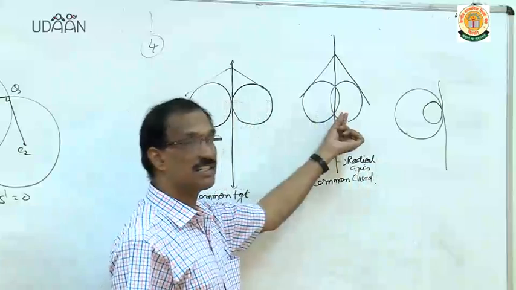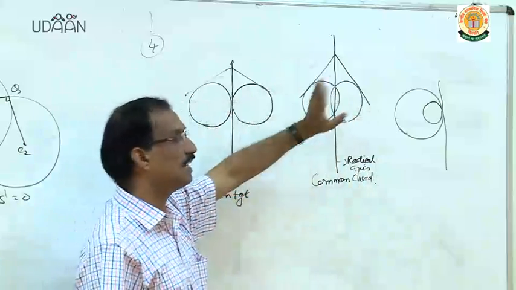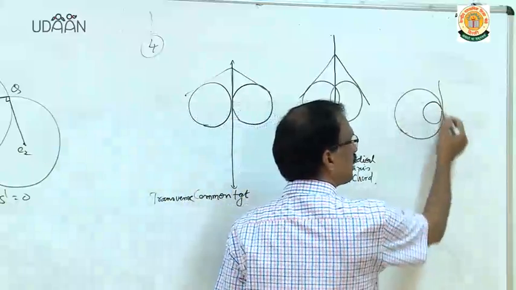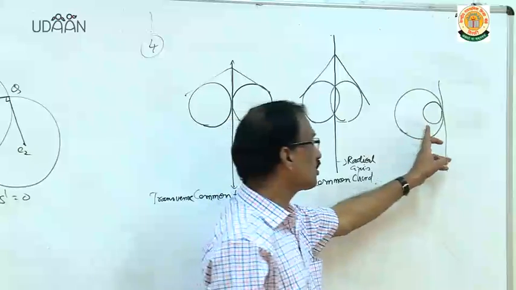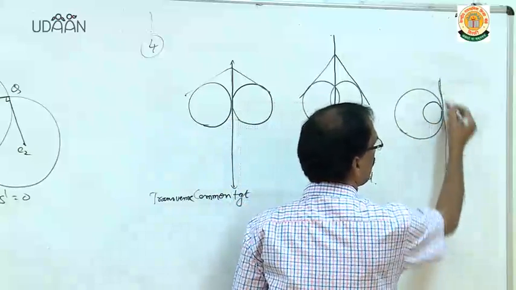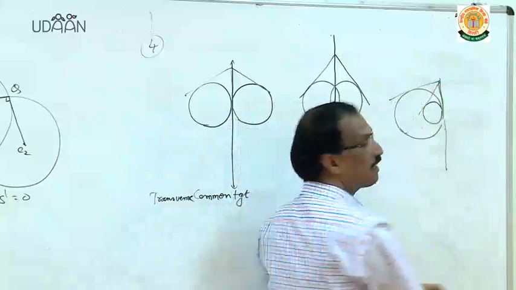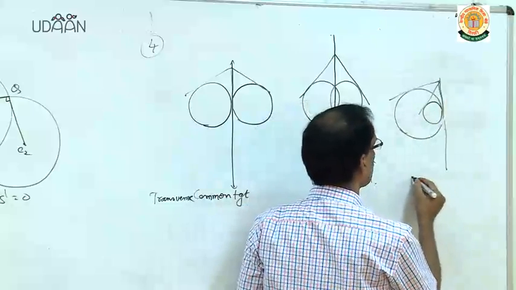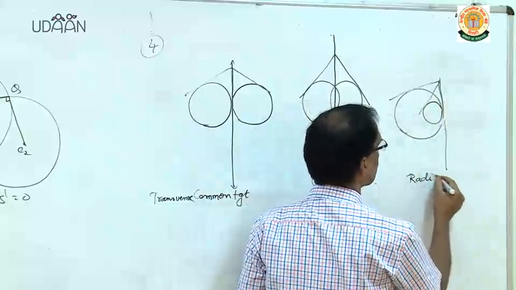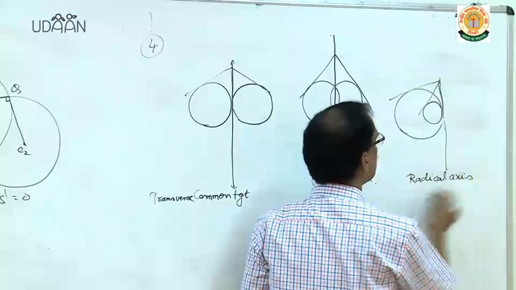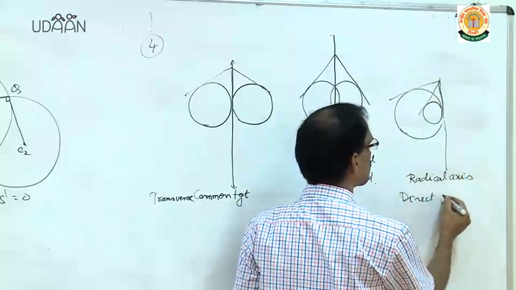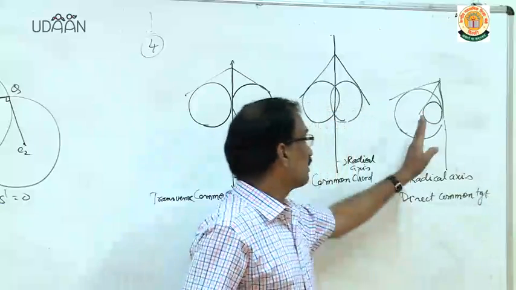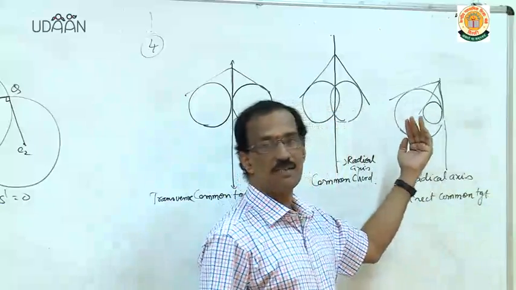Then the third case: if two circles are touching internally at this point, then you can draw these tangents, they are equal in length, and this acts as the radical axis. This is a direct common tangent, because the two circles lie on the same side of the line.